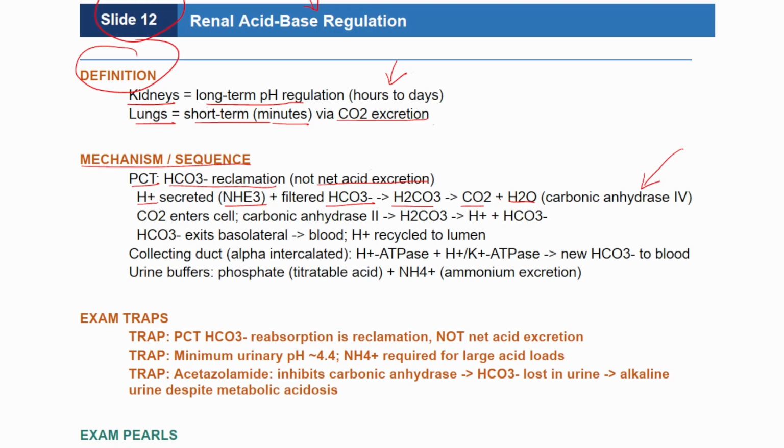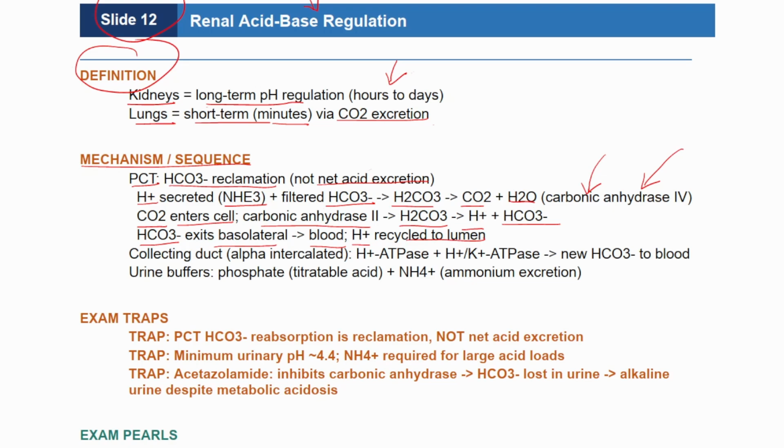If you can remember the whole sequence, at least remember that the enzyme responsible is carbonic anhydrase. Then the carbon dioxide that was produced enters the cell, where intracellular carbonic anhydrase 2 converts it back into carbonic acid, which dissociates into a hydrogen ion and a bicarbonate ion. Next, the bicarbonate exits the basolateral membrane into the blood, while the hydrogen ion is recycled to the lumen.